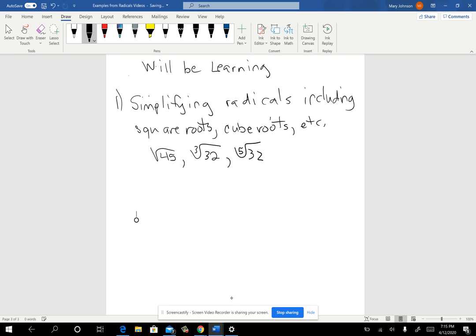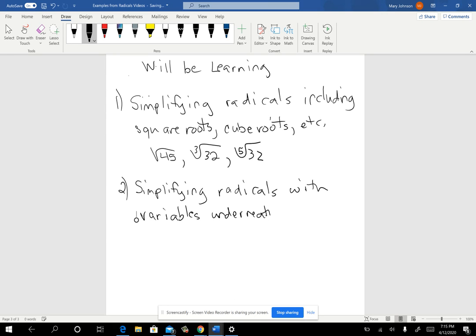Okay? Another thing we're going to do is you already know how to simplify radicals that are square roots. We're going to be simplifying radicals with variables underneath the radical. Okay, so again, you know how to do the square root of 45.